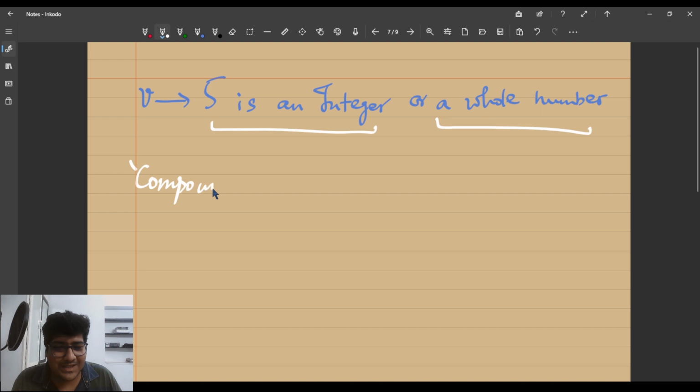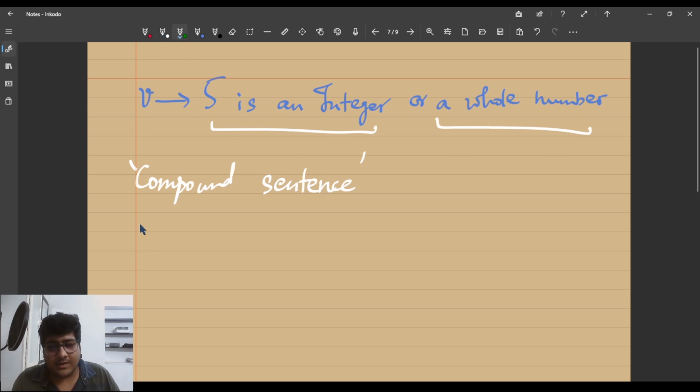I won't encourage you to learn all these terminologies, but it's the hard truth that some people have to for their exams. So this compound sentence is true if either one of the statements is true. As soon as I know that 5 is an integer, I would not even go further. I'd say that this whole sentence is true.